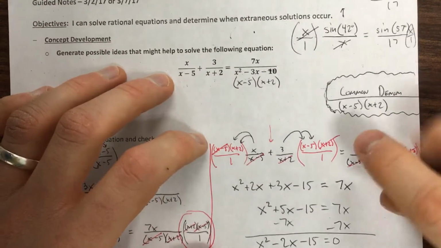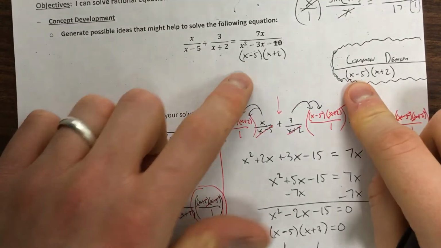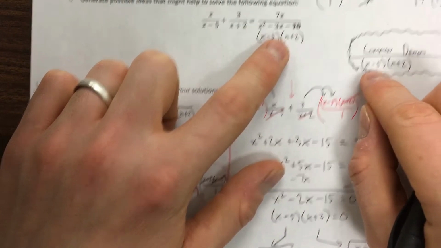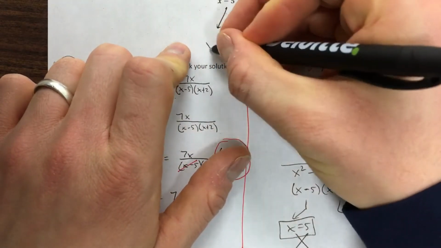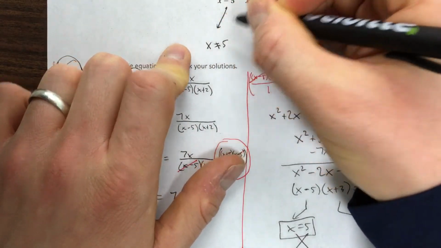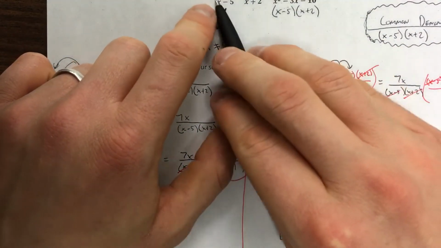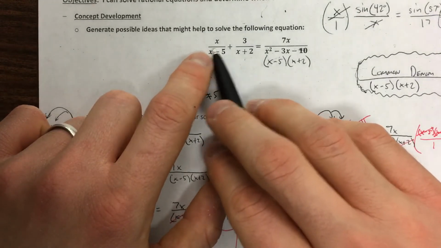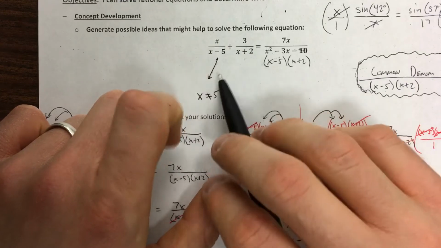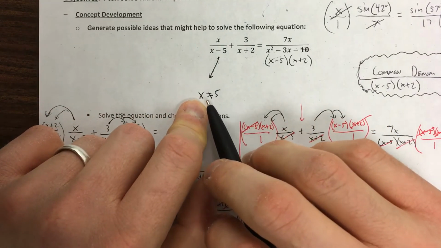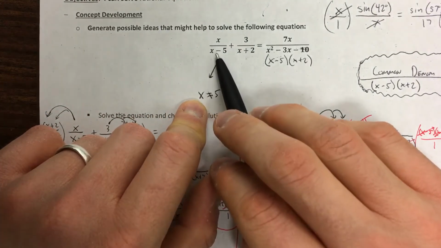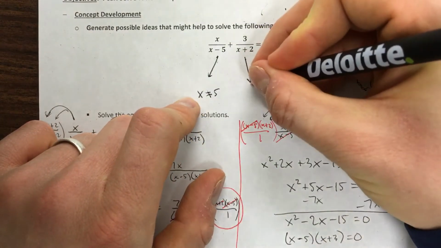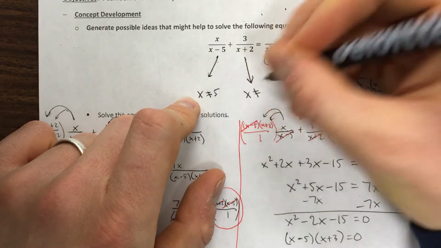What we notice here is, you can look at the common denominator, the x minus 5 and the x plus 2. x cannot equal 5, because if you set this equal to 0 and solve, you add the 5, you get x equals 5. Well, x can't equal 5 because if it did, you would have 0 in your denominator. Similar thing here, from the beginning, we can also say x cannot equal -2.